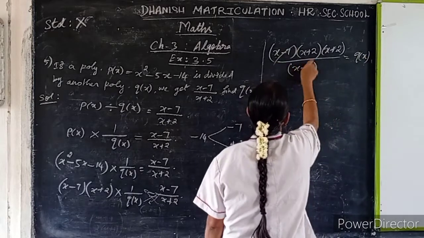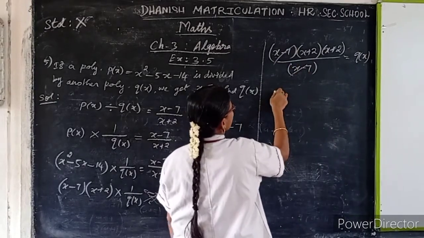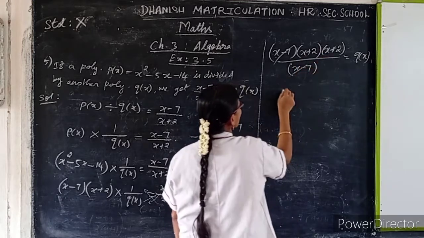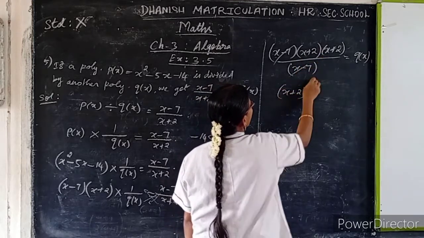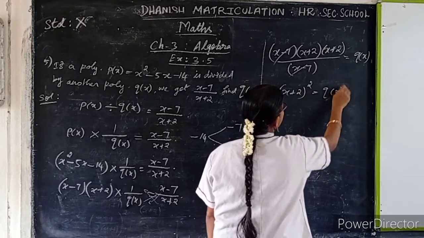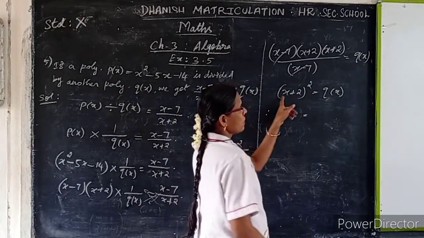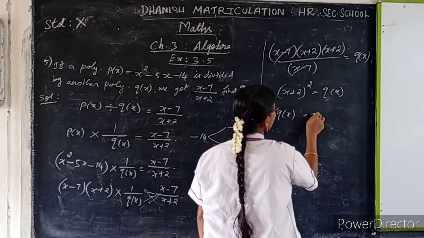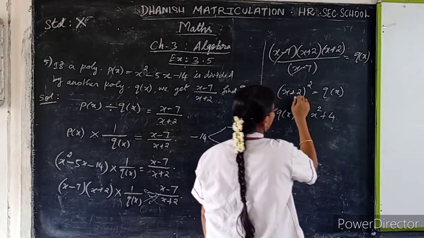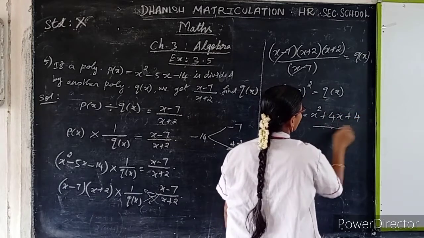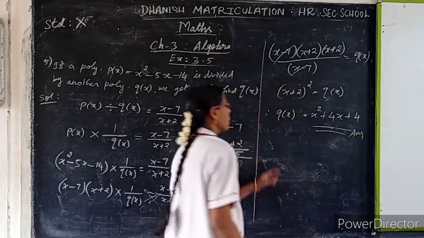Now cancel this (x minus 7). Remaining terms: (x plus 2) into (x plus 2). So (x plus 2) the whole square. This is our q of x. It is in (a plus b) whole square format, so a square plus 2ab, 2 twos are 4x, plus b square, 2 square, that is 4. This is our q of x.